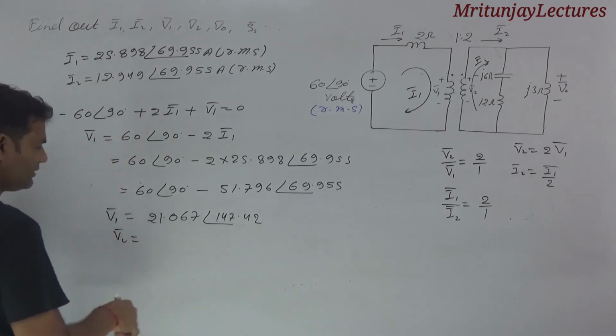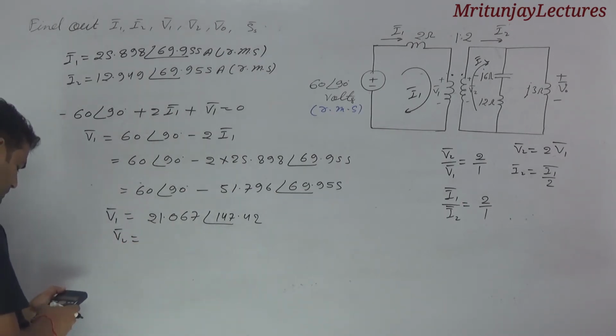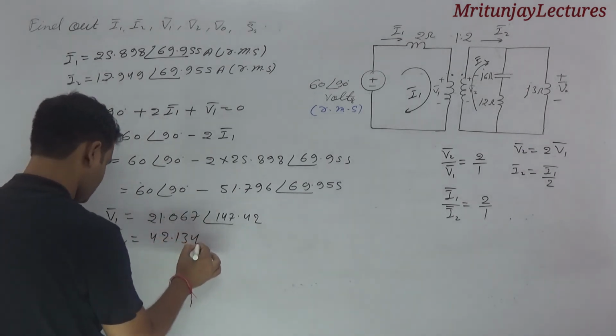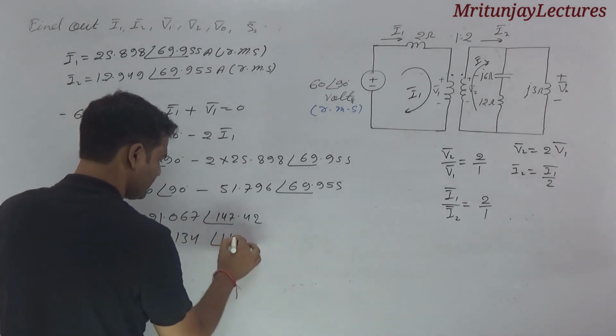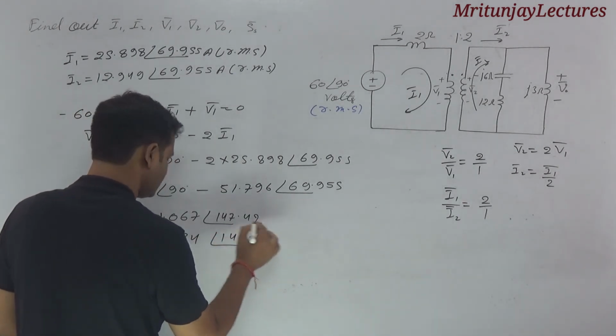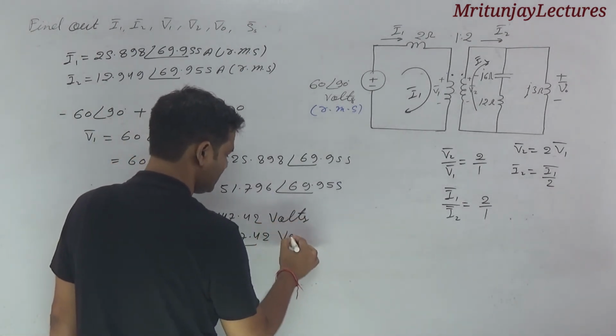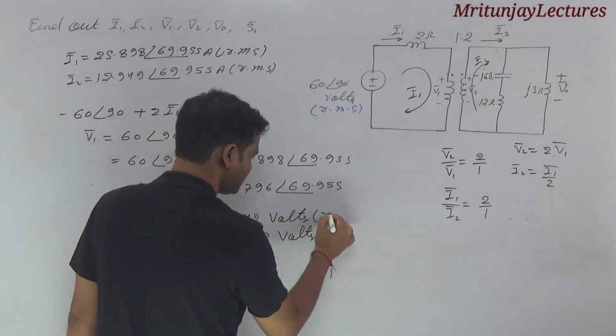Okay, so what about V2? V2 is multiplied by 2, that is 42.134 at the angle 147.42, in bold. This is also in RMS.